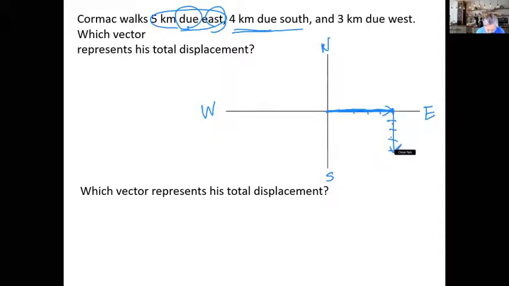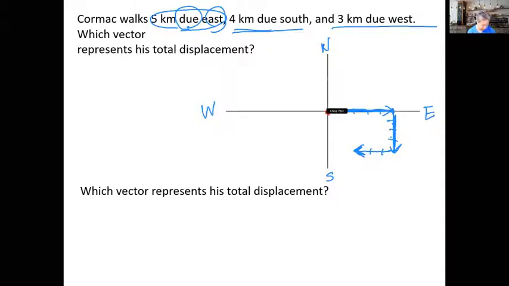So 4 units down, then change the direction to due west and 3 kilometers. That means it goes 1, 2, 3 to the west, right?